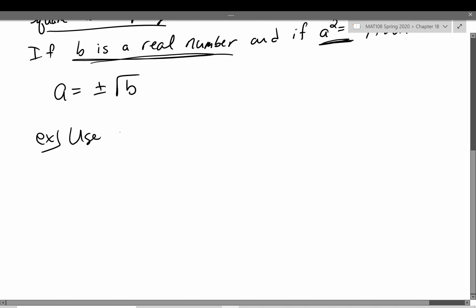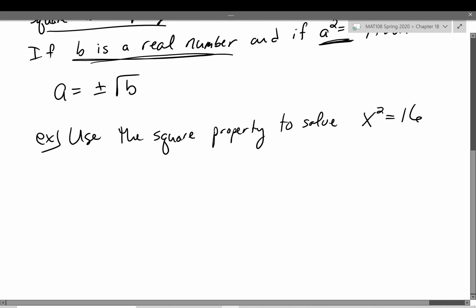We're going to use the square root property to solve x squared equals 16. Very, very simple problem.